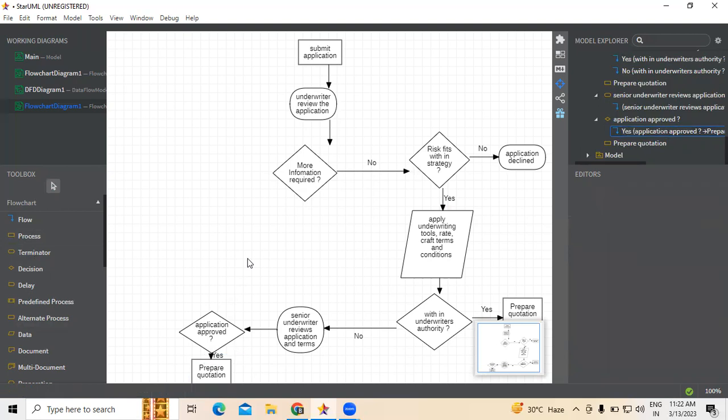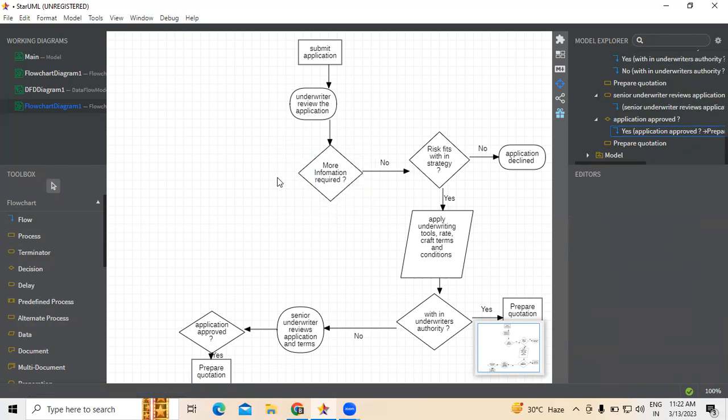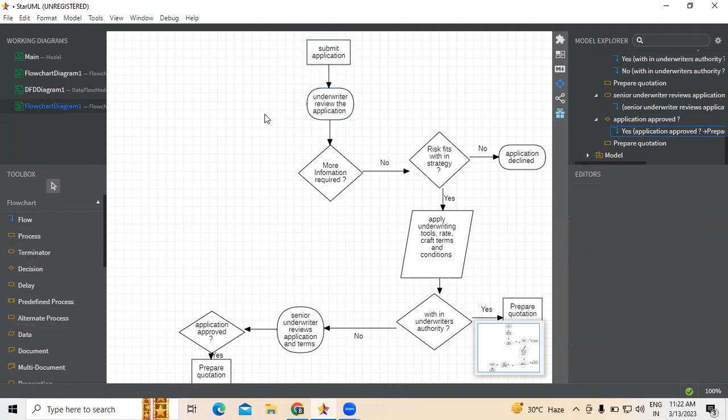This is the process I have explained so far, relating to the no path. Now, let's say there is a yes, for example, if we have identified that more information is required. Again, the underwriter has to request information from the respective broker here.